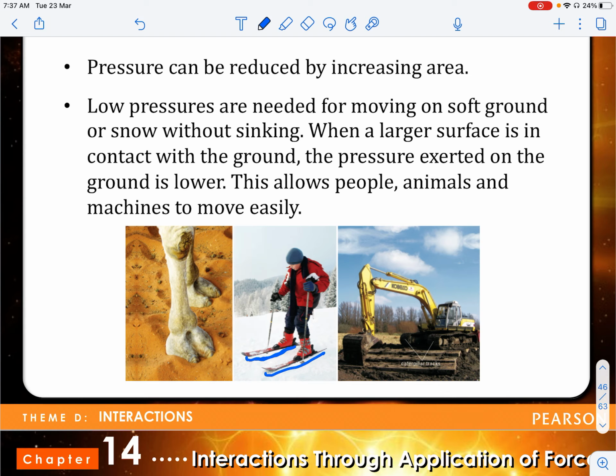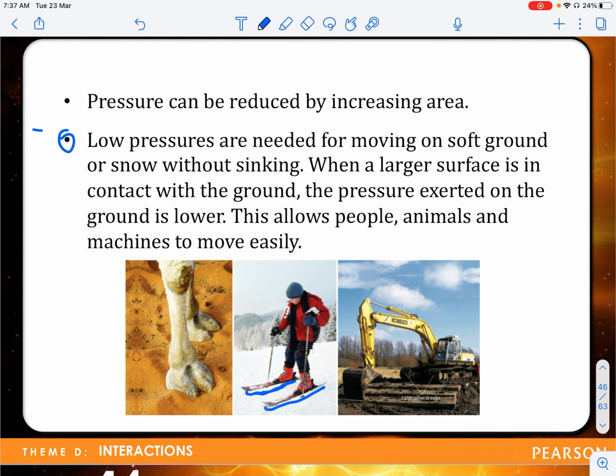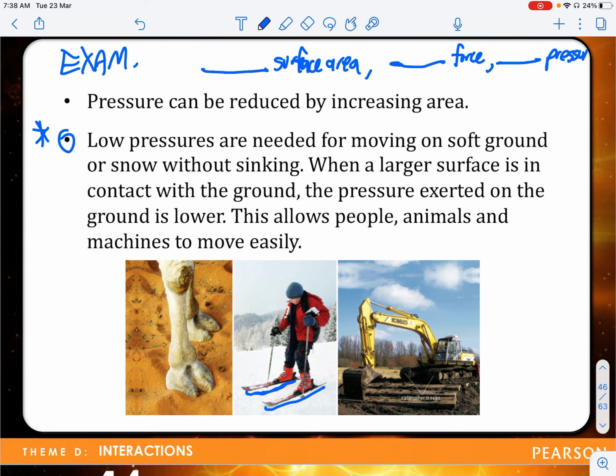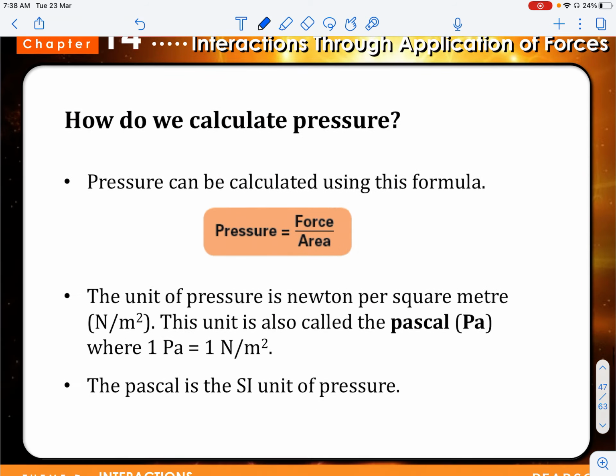So in your answer, if you are required to explain this kind of answer for an exam, always explain it in the form of what happens to your surface area. And what happens about the force? Is it unchanged, or does it increase or decrease? This will then lead to your pressure. Does it increase or decrease? And therefore, the effect. Do you sink down, or do you stay afloat? Okay, so this is how you should write your answer in terms of explaining.